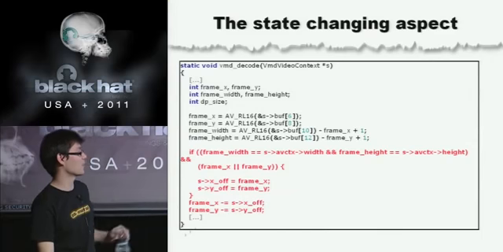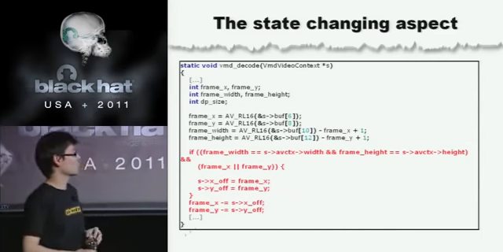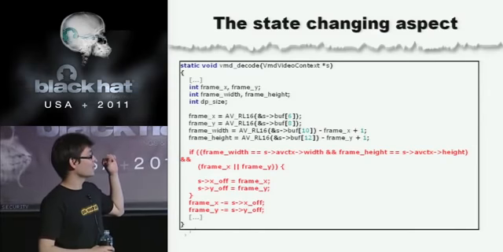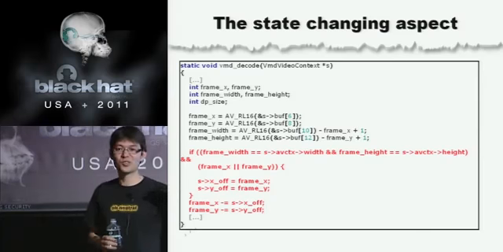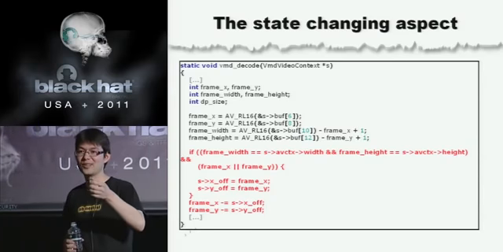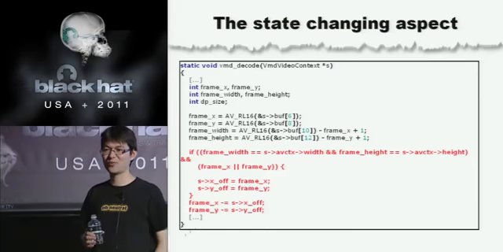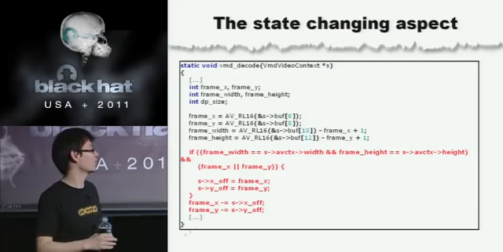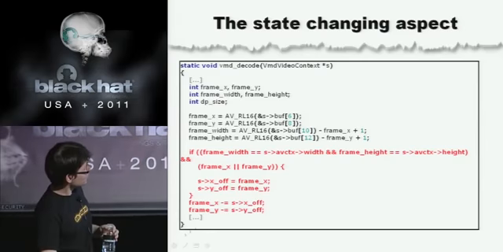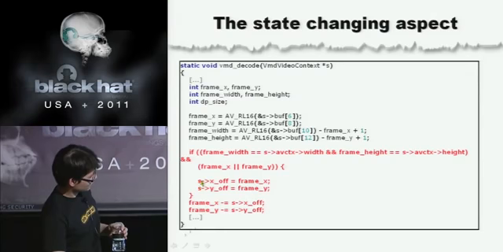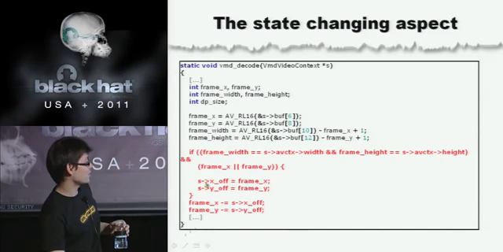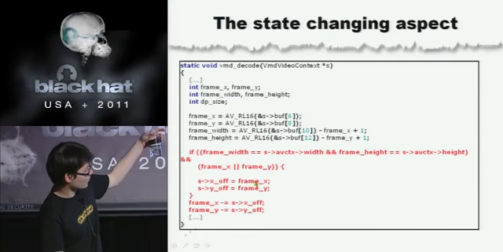Okay, so second aspect. So this was fun. Actually, the decoder doesn't just take frames independently, but it has a state. So if you can modify the state, maybe you can get past the limitation. The state is saved in this variable s here, and as you can see, there's a way of saving an x offset, which is equal to the frame x that you specify in one of the frames, in sx off.